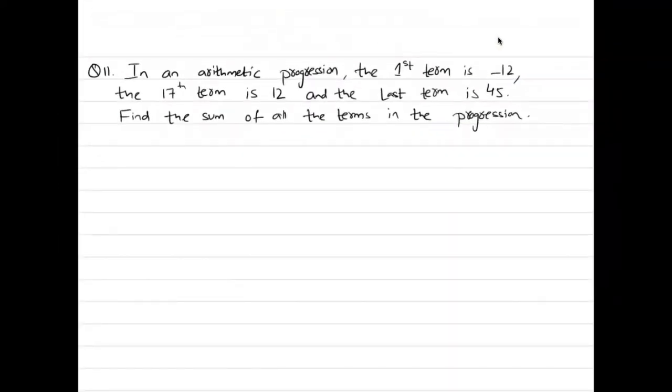It's going to be clear if you use this formula. In an arithmetic progression, the first term is minus 12. That means the A value of this AP question is negative 12. And then the question says that the 17th term is 12. And the last term is 45.